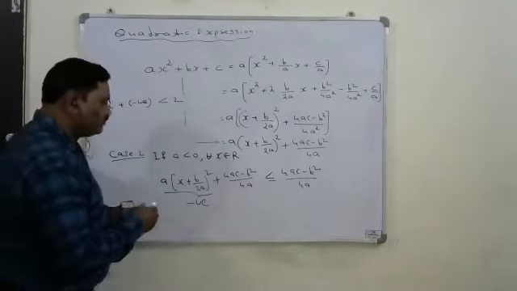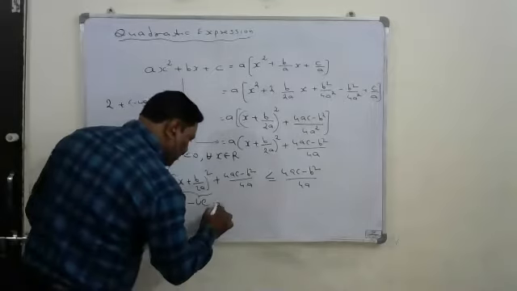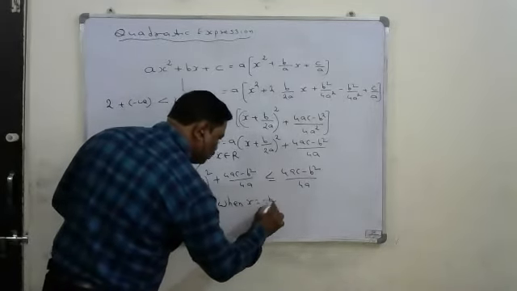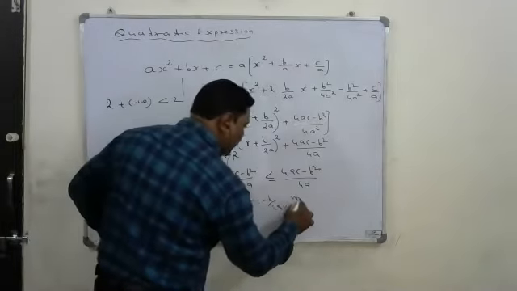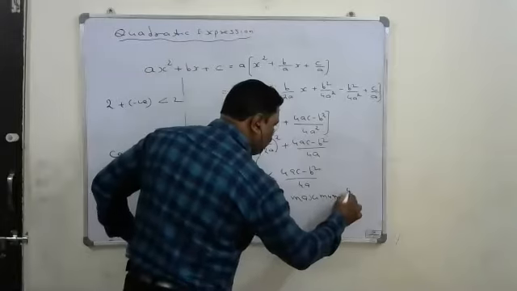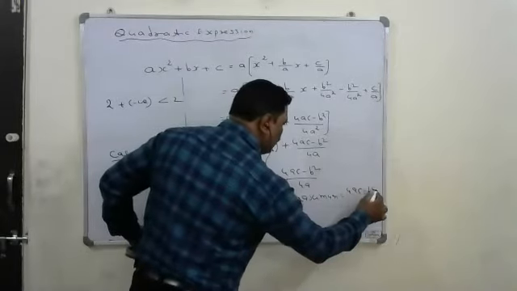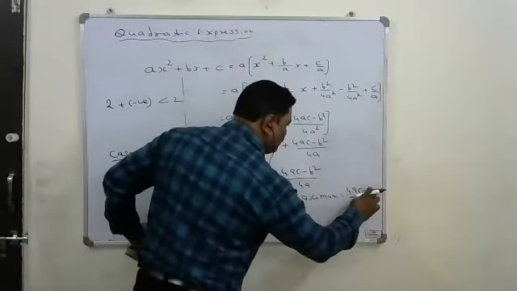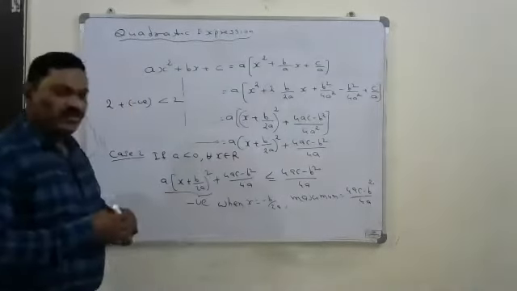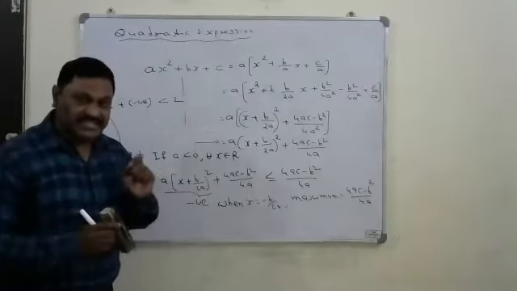Therefore, when x is equal to minus b by 2a, it will give the maximum value, which is equal to (4ac minus b square) by 4a. This is the point you have to remember.